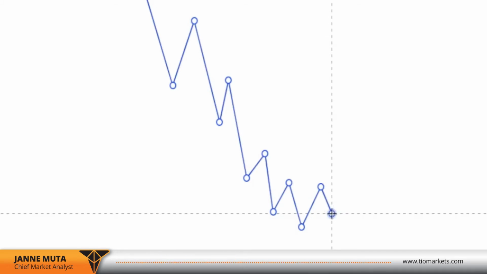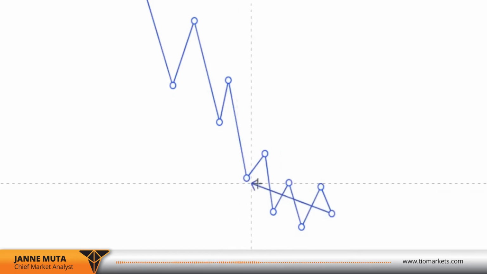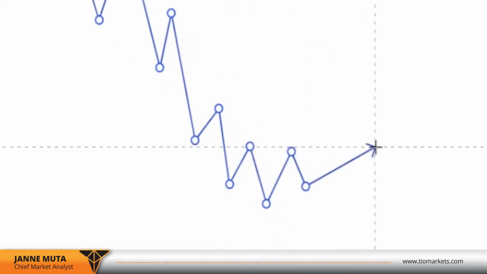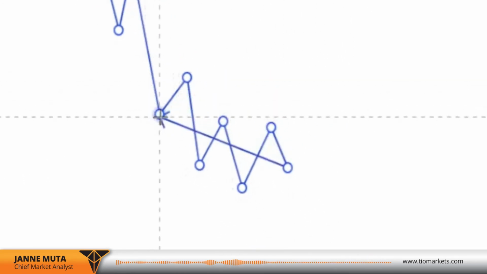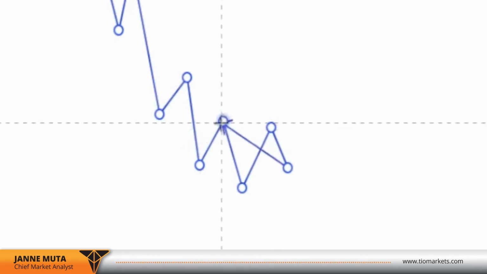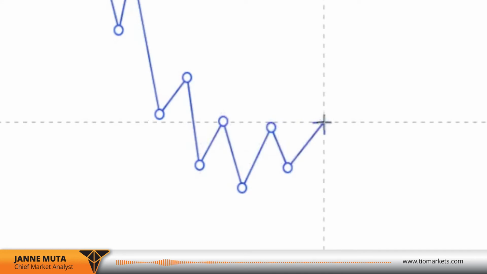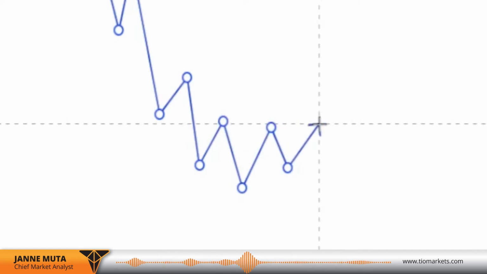So at this point, we really don't know if the market is going to break above this structure point here. You can see how the market created a lower low, and then the same level was tested twice. So we don't know yet if the market is going to continue lower or if it's going to continue higher.